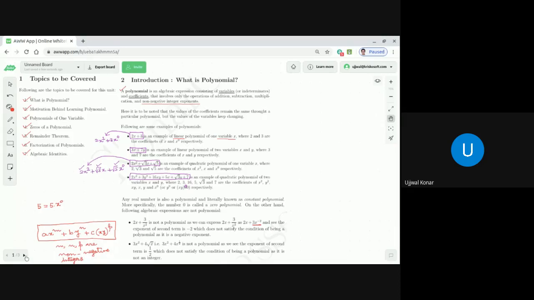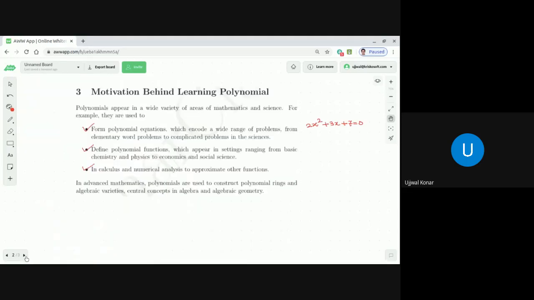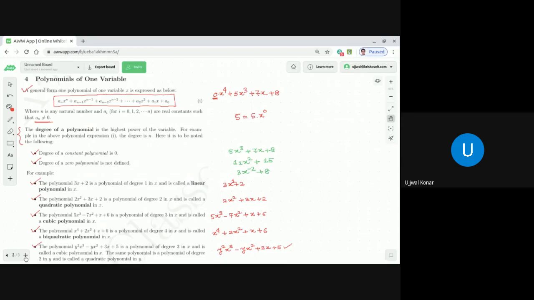Third one is polynomial of one variable. Now, what we are going to learn, dear students, is the value of a polynomial. 2 points we will learn now: the value of a polynomial and zeros of a polynomial.